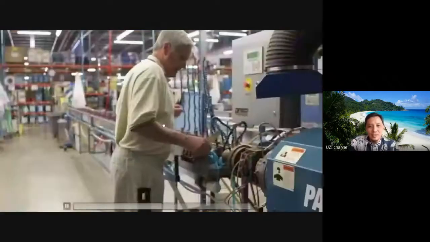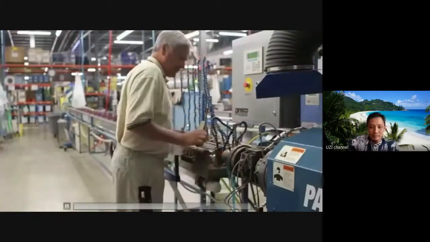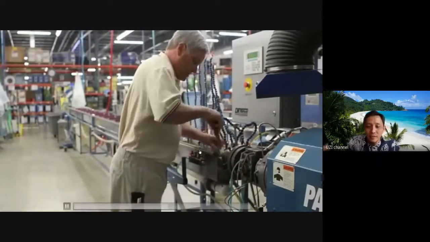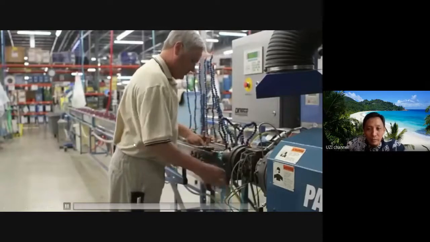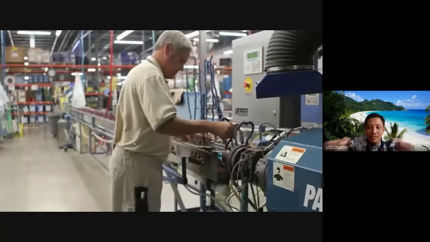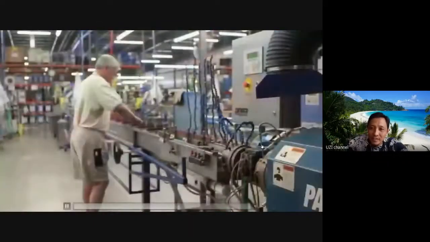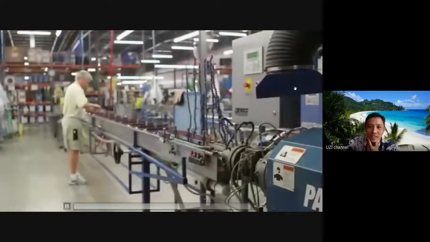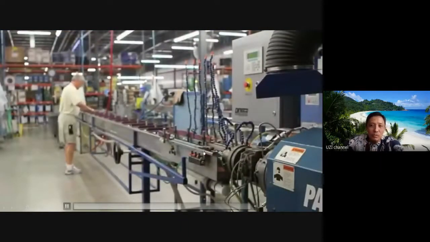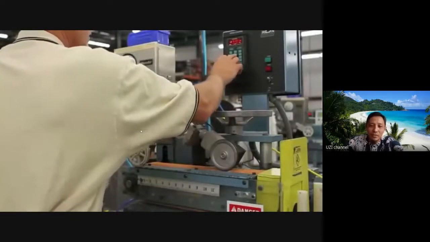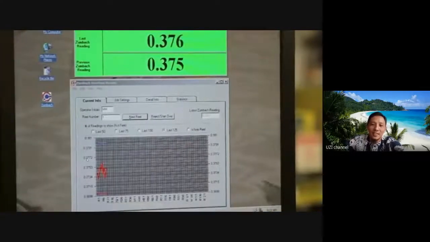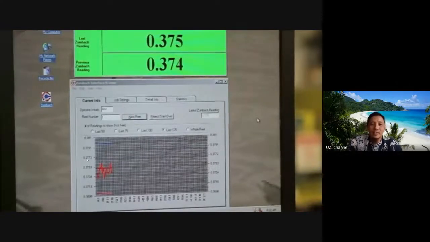Basically the principle is like this. For the next step, to make final products, in this case maybe a filament product like rod or stick, after it comes out from the extruder machine, it is cooled by water here to solidify fast, to make a continuous product like wire or filament.